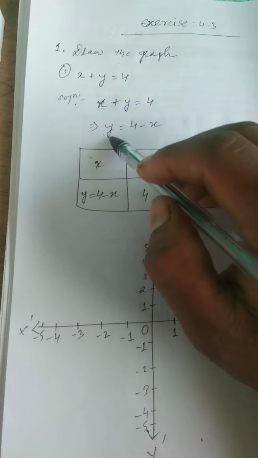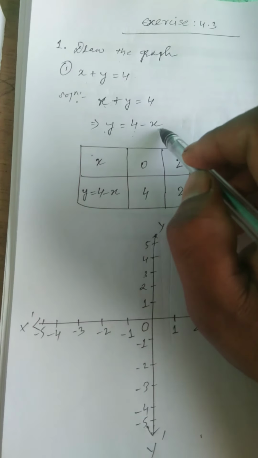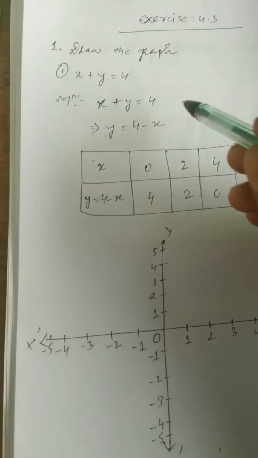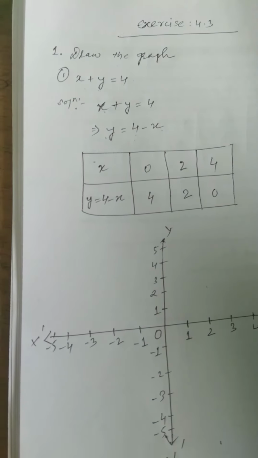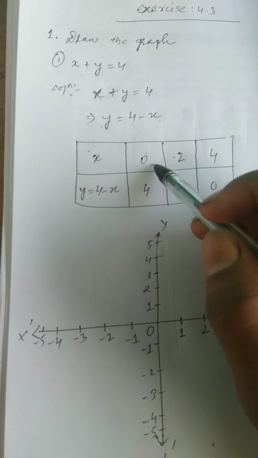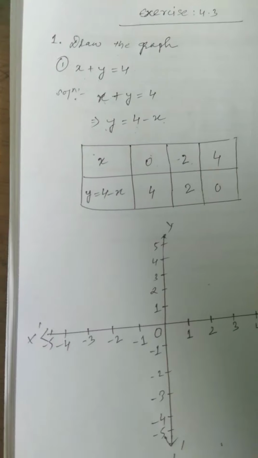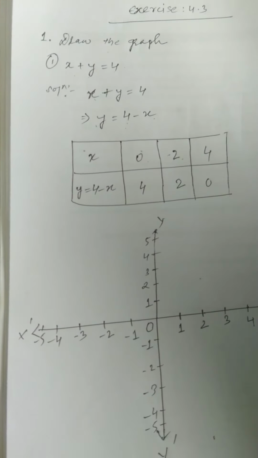I'm keeping y here, so x transposes to the right side. What do you get? 4 minus x. So here is the table of solutions. Two or three solutions is okay, or even two solutions is also okay.